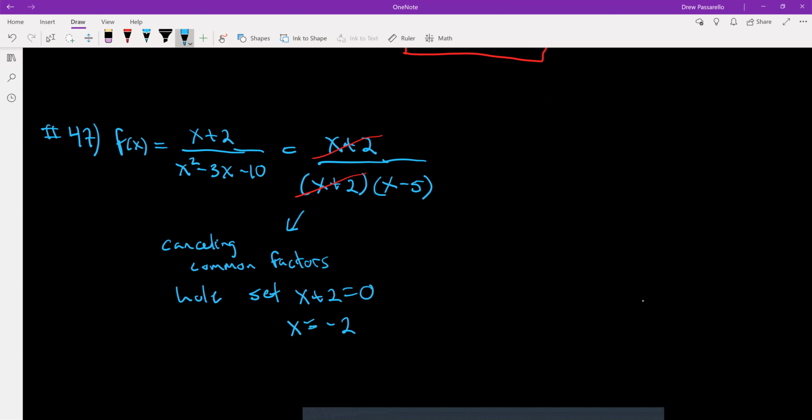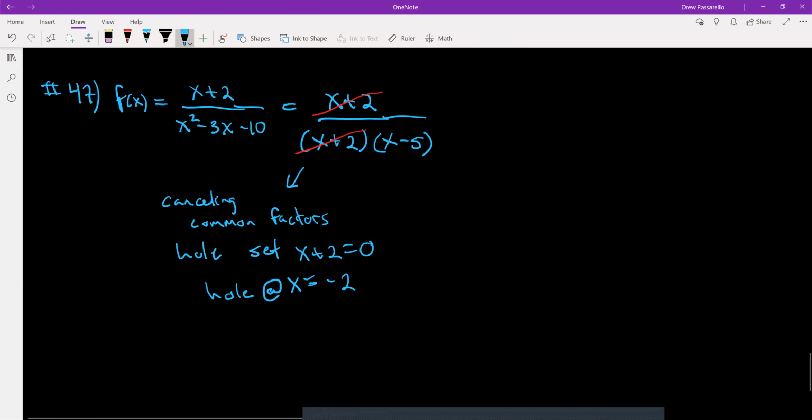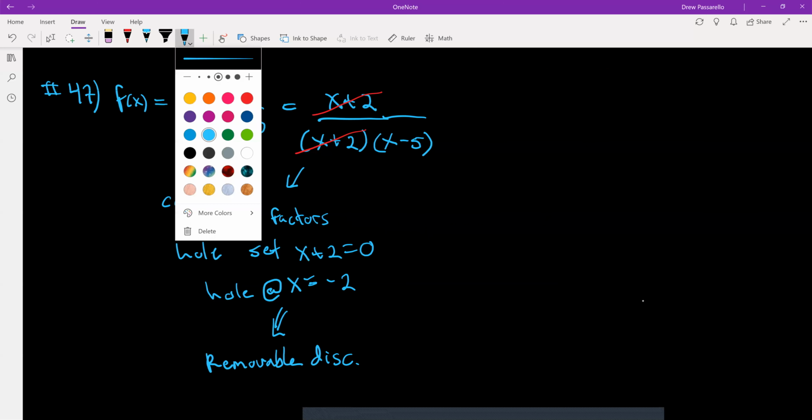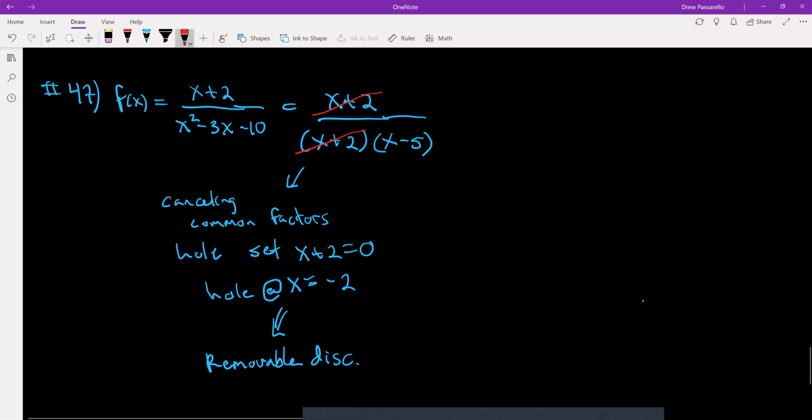So there's a hole at x equals negative 2, which, since it's a hole, means it's going to be a removable discontinuity. So that's part of the answer: a removable discontinuity at x equals negative 2 because it's a hole.